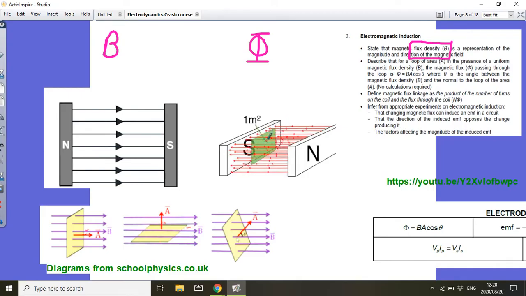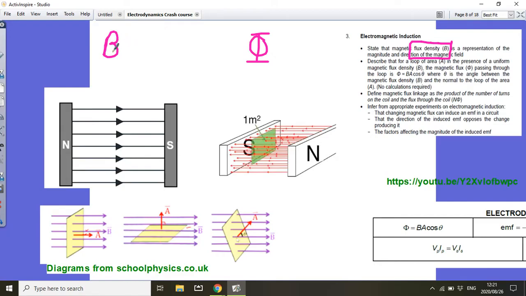Imagine this little green block moving in this area between the North and the South Pole. Because the lines are evenly spread in a uniform field, the number of lines passing through that green area would not change. So the magnetic flux density between these two poles does not change, because it is a uniform field.